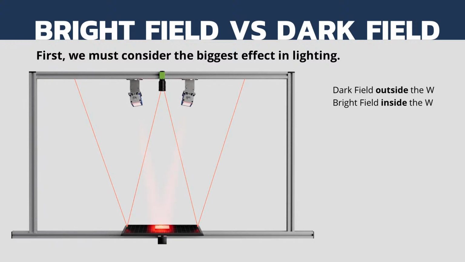You can see from the diagram here that in lighting, sometimes you hear us talking about the lighting W. We made this W by starting from the lens and tracing a red line from the center line of the lens to the outside of our field of view, and then doing the same mirrored around the optical axis on the other side.